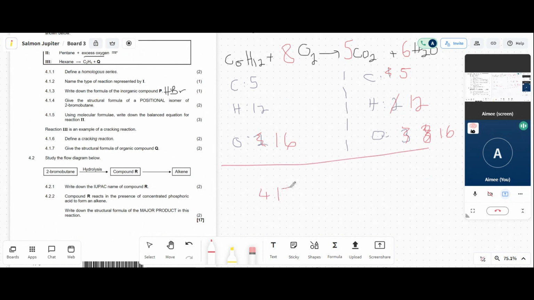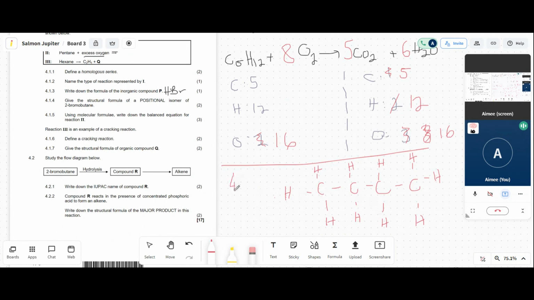So 4.1.7 is 1, 2, 3, 4. Yeah, and that's it.